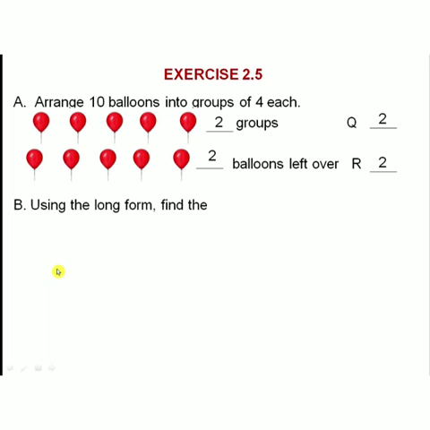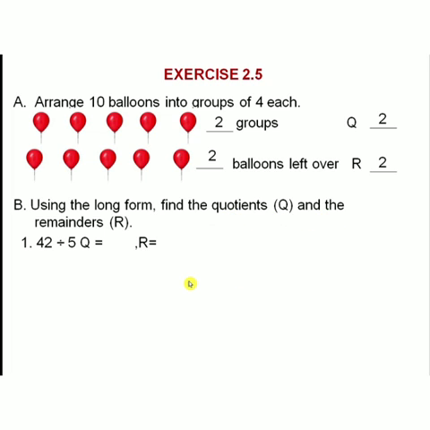Using the long form, find the quotients and the remainders. First problem is 42 divided by 5. Quotient is equal to dash and the remainder is equal to dash. We need to find out the quotient and remainder.